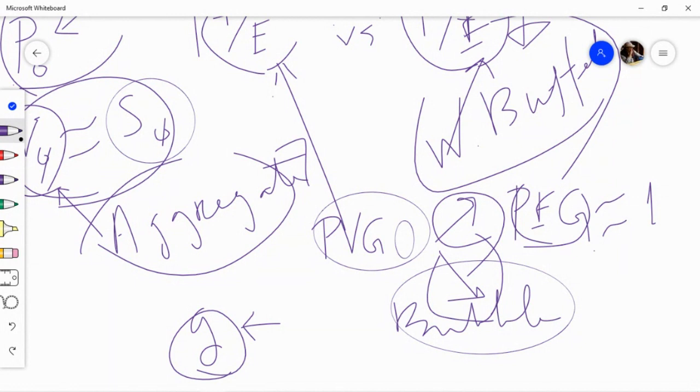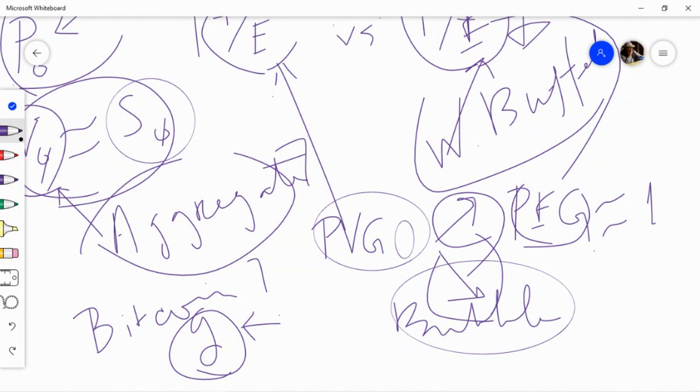And the PEG ratio can be unsustainable, right? So, for example, Bitcoin. Does Bitcoin have any earnings? Bitcoin doesn't make anything, right?